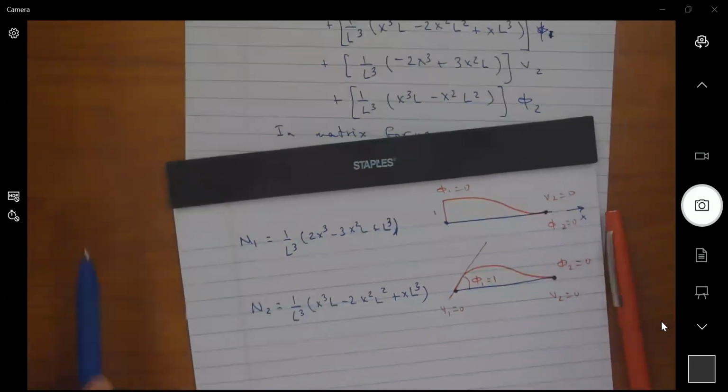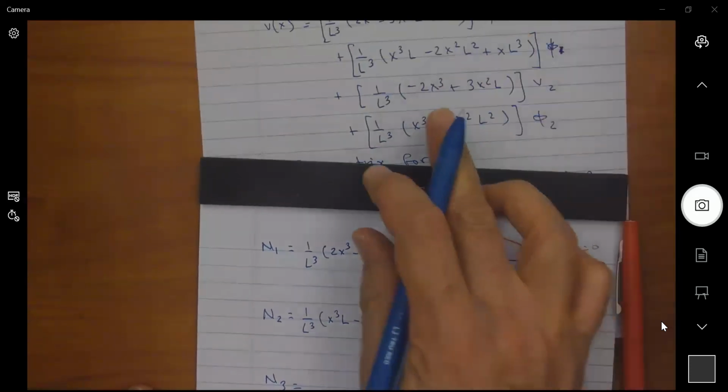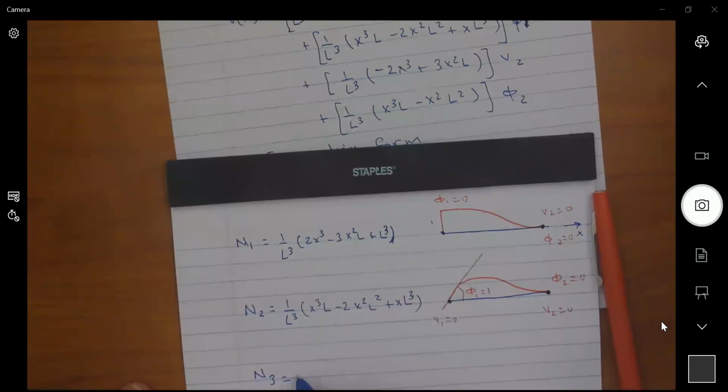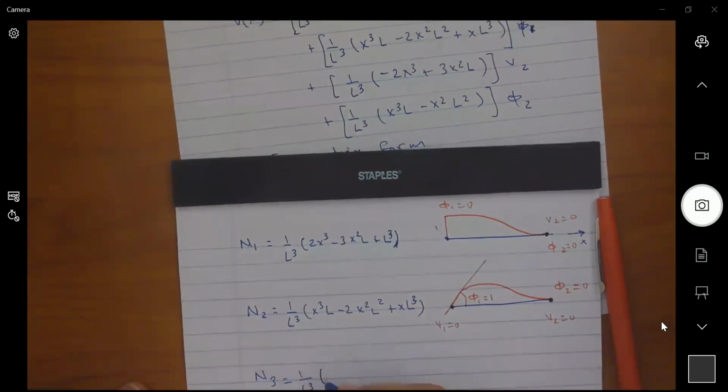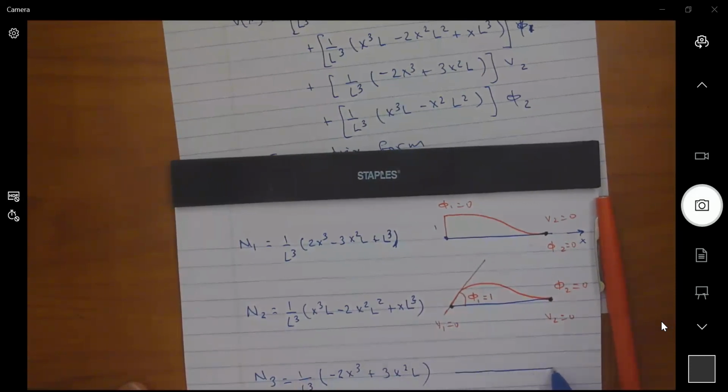If I continue for the third and fourth, N3 is here. So I have 1 over L cubed multiplied by minus 2x cubed plus 3x squared L. And let's plot this function. At x equals 0 it is going to be equal to 0.